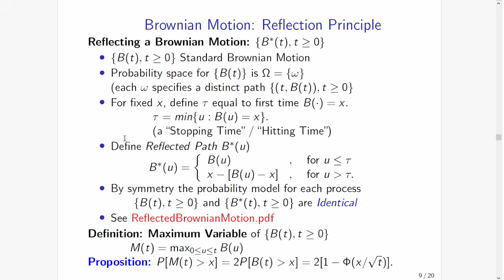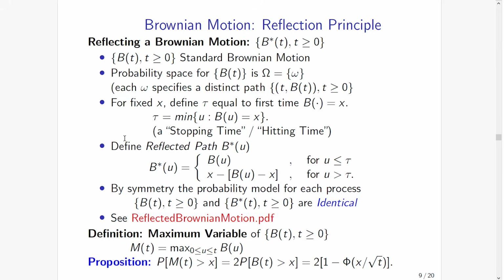So we can define M(t) to be the maximum value that the Brownian motion has realized between time 0 and t. Well, the probability of the maximum exceeding x, some level, will actually be twice the probability that the ending value of the process exceeds x.